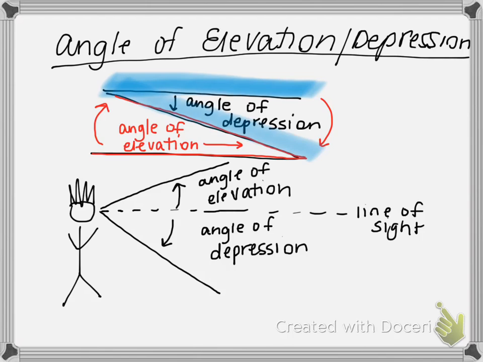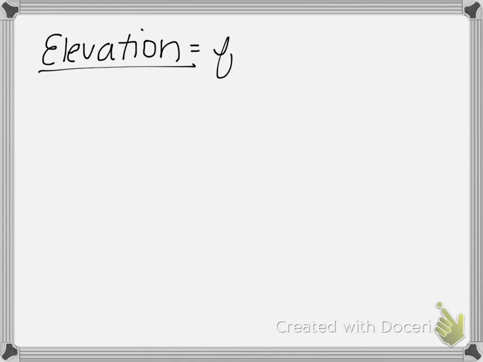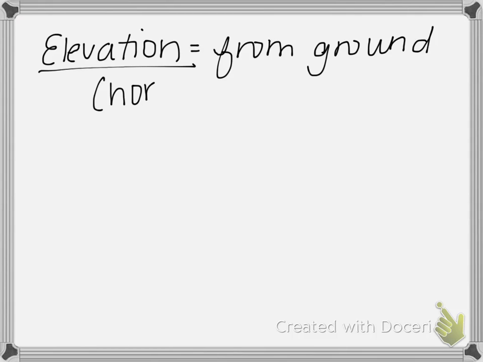Okay? So then elevation means from the ground, or the horizon line, and then you're going to go up. So elevation is from the ground or the horizon line, from the ground up.